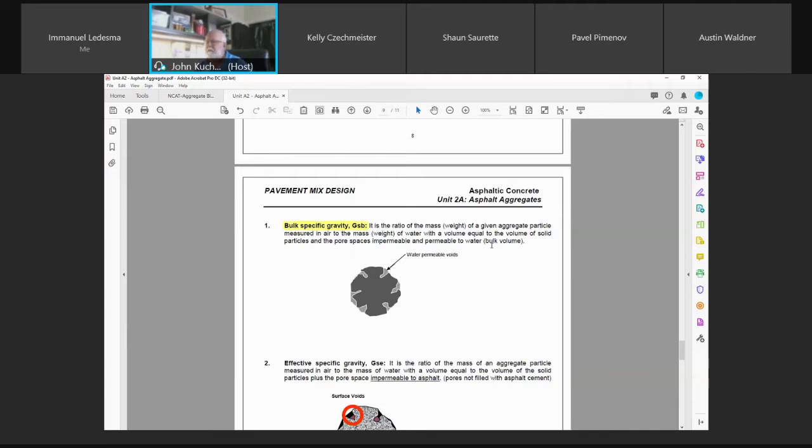It's the bulk volume. So here you can see the voids. Now you're considering this total volume. So it's not only the volume of the inert aggregate, it's the volume of these air voids that are going to absorb or not absorb the asphalt.